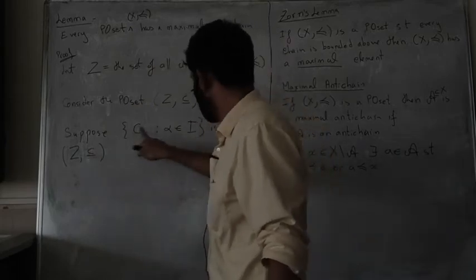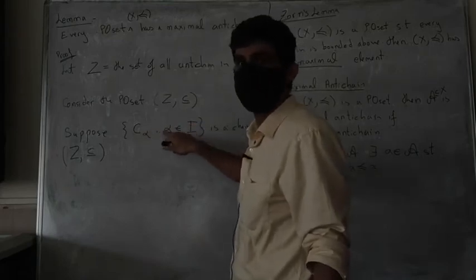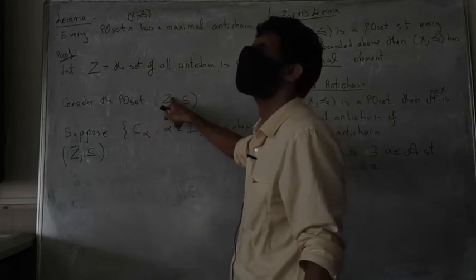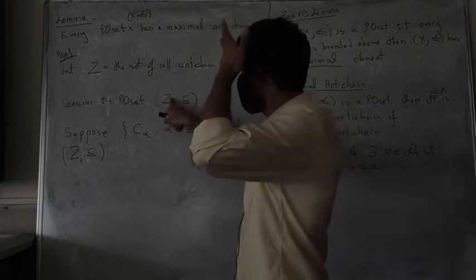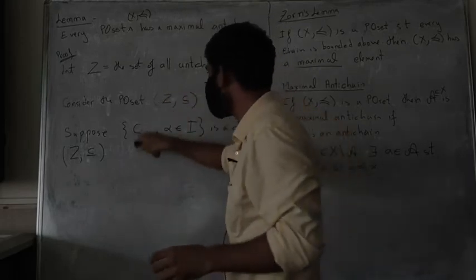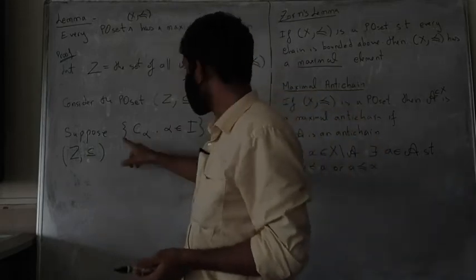That means given any alpha 1 and alpha 2 here, see C alpha is a subset of X, is contained in Z. C alphas are all contained in Z. Okay. So if this is a chain, what does it mean to say that this is a chain?